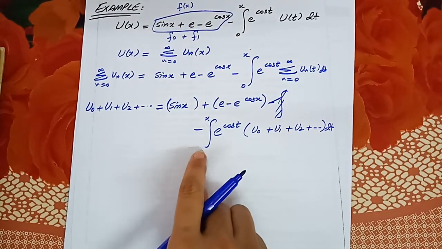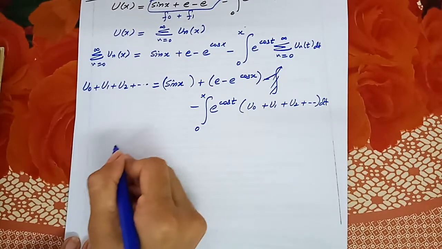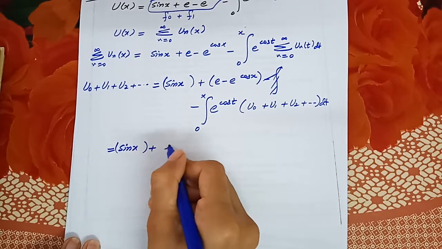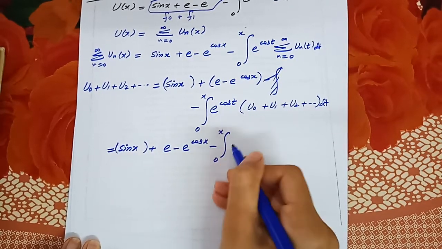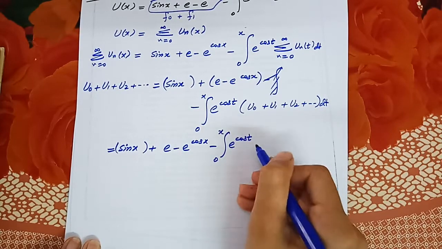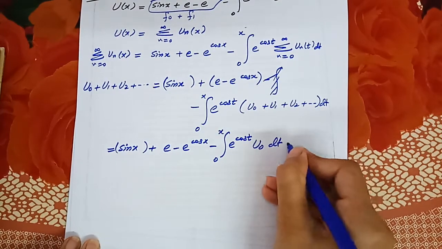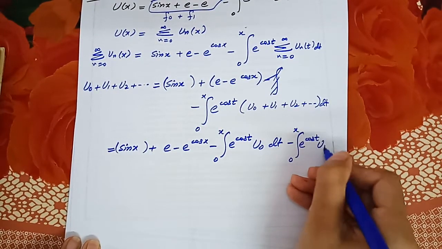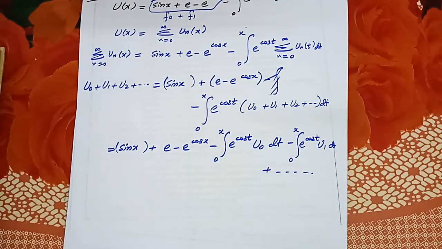Now let's expand this integral for every term. I will get sine of x plus e minus e cosine of x minus integration 0 to x e cosine of t u naught dt, then again minus 0 to x e cosine of t u1 dt and so on.